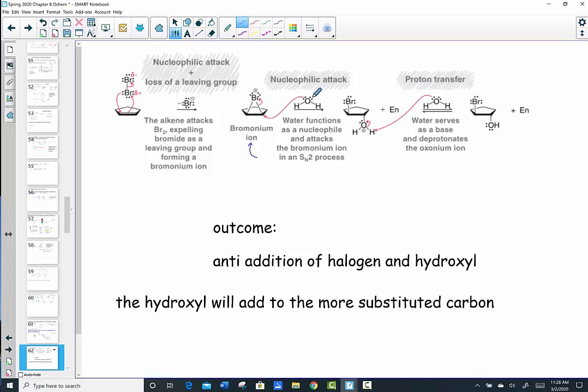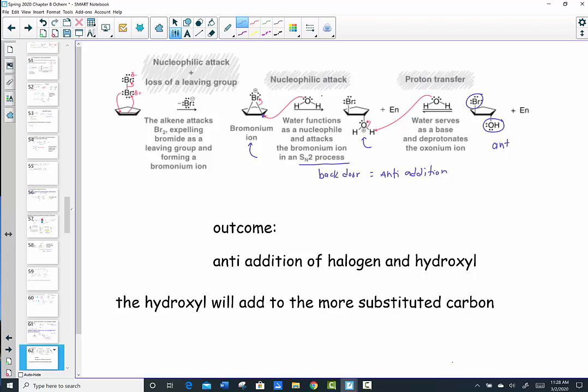The water then attacks the electrophilic carbon and forms a protonated alcohol. In the SN2 mechanism, remember, it's always a backdoor attack, an anti-addition. You'll then see water deprotonate the alcohol, and you end up with an anti-addition of a bromine and the alcohol.